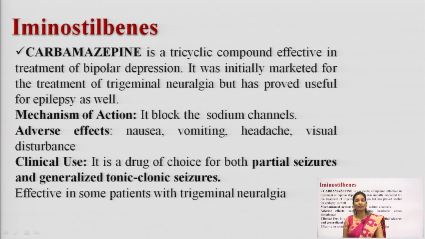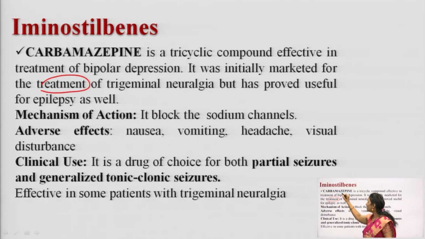And the next drug class was iminostilbenes. Iminostilbenes are also alternative drugs which can be used to treat epilepsy, and this drug is proven to be used in epilepsy as well. Iminostilbenes were first used to treat trigeminal neuralgia. Okay, for which purpose are you using this drug?